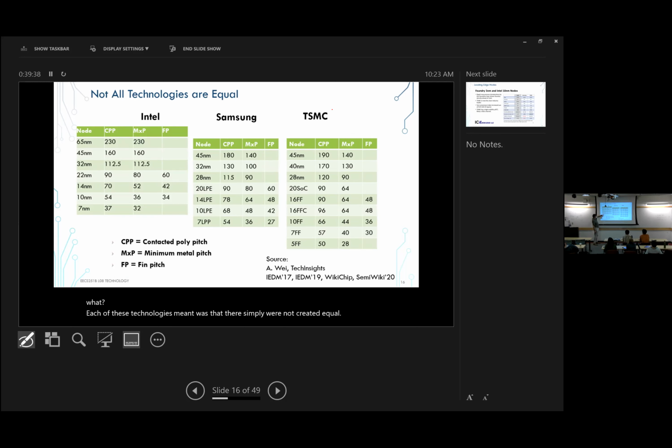Whatever corresponds to Intel 7 was off the chart for Samsung. Samsung 7 was like Intel's 10. TSMC's 7 was like Intel's 10.